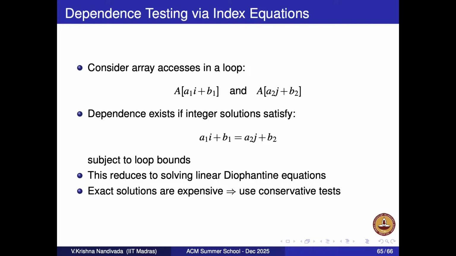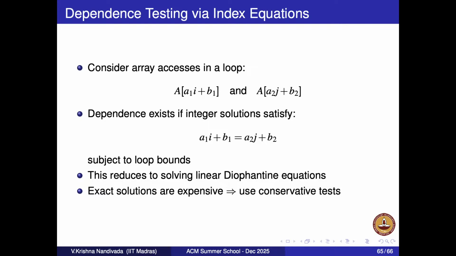How do we know? For I equal to 2, this will become 7, this will become 7. Correct? Okay. So what does it mean?